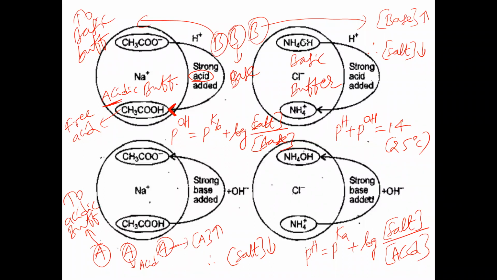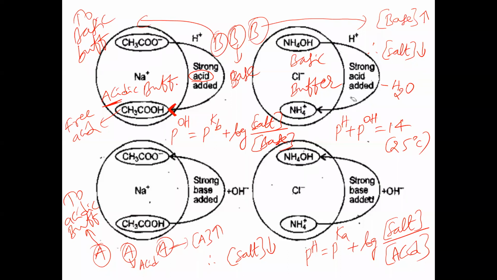OH minus will interact with H plus, and what will be released is minus H2O. Minus H2O means the H plus ions here and OH minus ions from this both combine to form H2O, meaning removal of H2O. After H2O is removed, NH4 plus is left over.